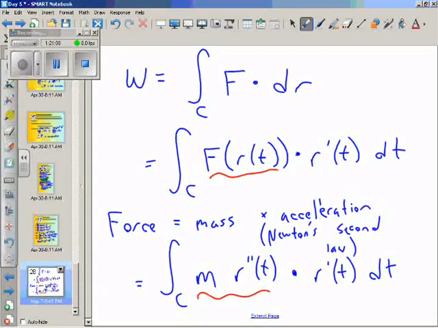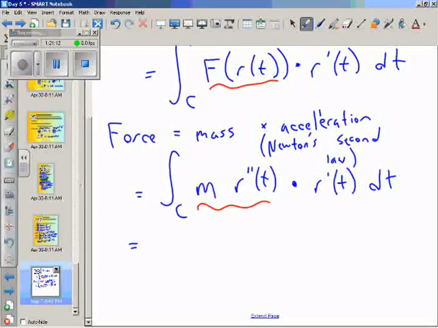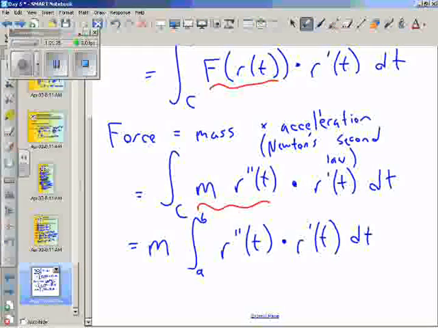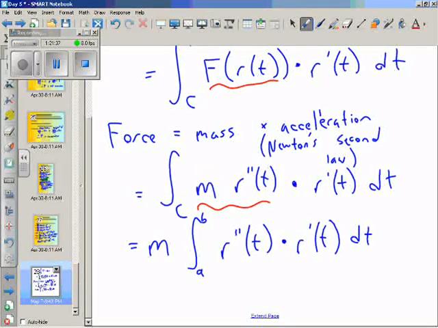And so if we want to rewrite this a little bit, I'm going to pull that m out. And since we have everything in terms of our parameter, I'm going to switch the limits to a to b. So this is r double prime of t dotted with r prime of t.